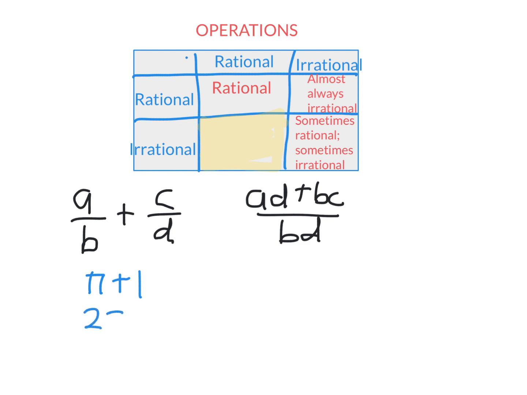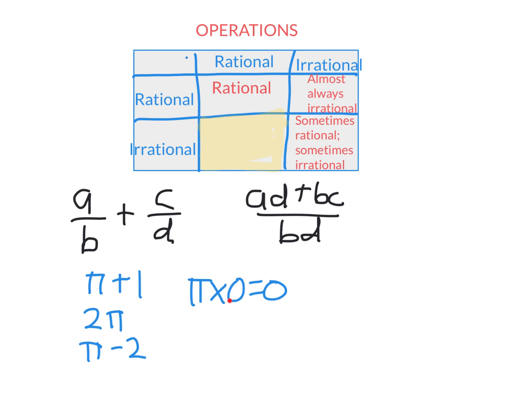If you times pi by 2, or if you subtract 2 from pi, all of these numbers here will be irrational. So when you have rational numbers operated with irrational numbers, you pretty much always get an irrational answer. There is one exception to that, and that's when you multiply by 0. Because, of course, pi times 0 equals 0, which is irrational.